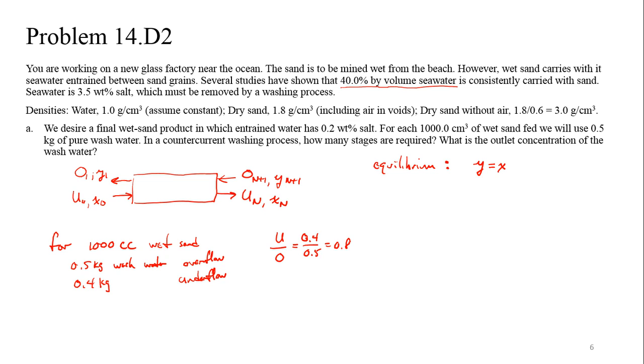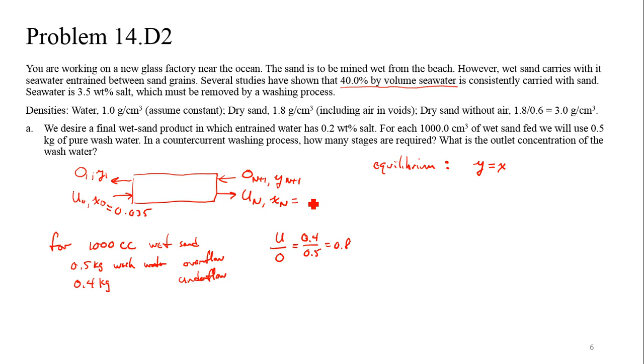In our process, what do we know about some of these quantities? Do we know X naught? What's our solute in this case? Salt. So X naught is? Yeah, 0.035. Okay. Do we know X sub n?